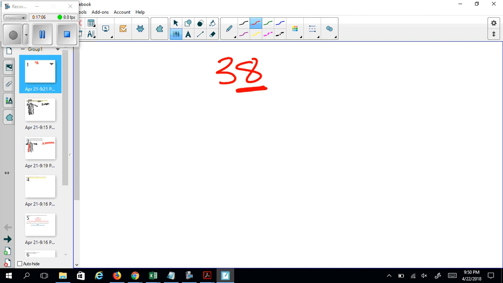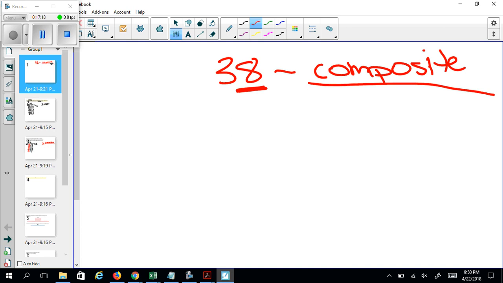So because this number is an even number, 38 is composite. And you don't have to do anything else. You don't have to make a T-chart or anything. Because this number has an even digit in the ones place, it is automatically composite.